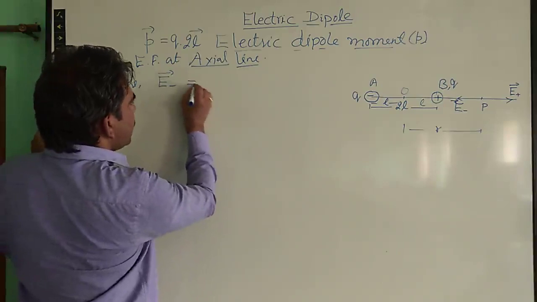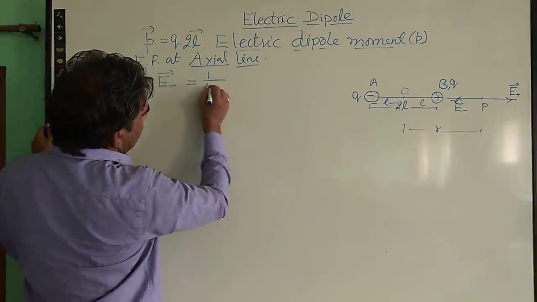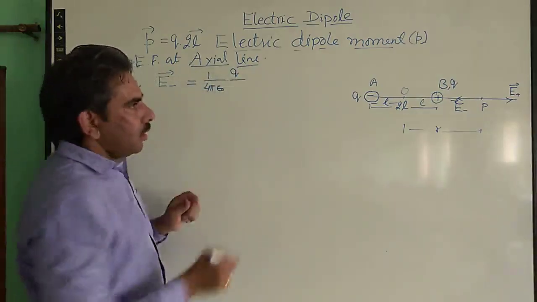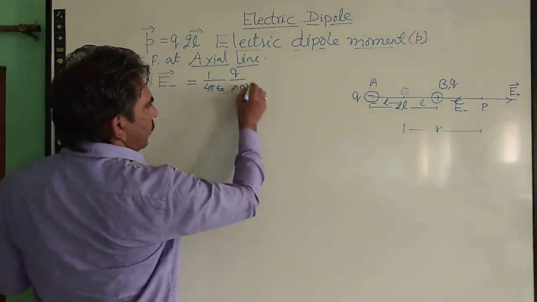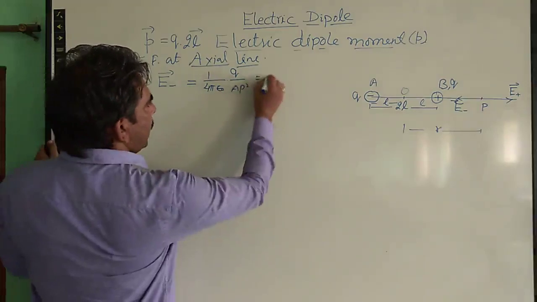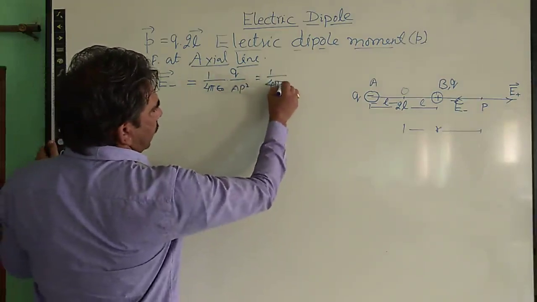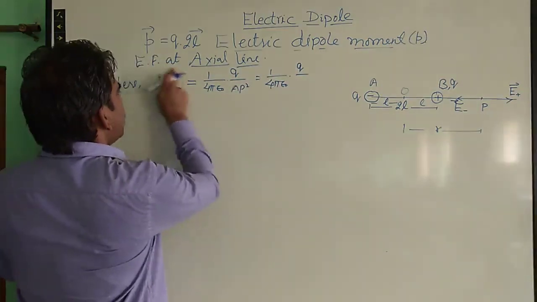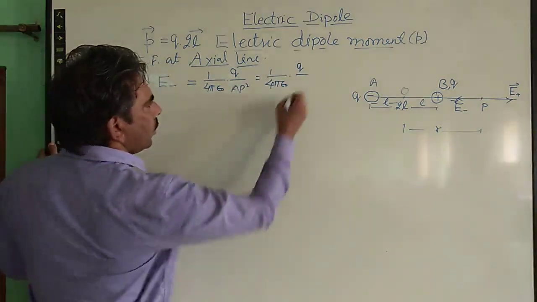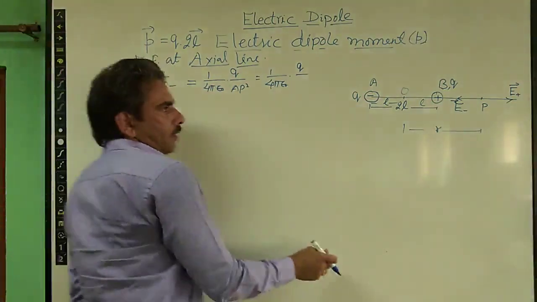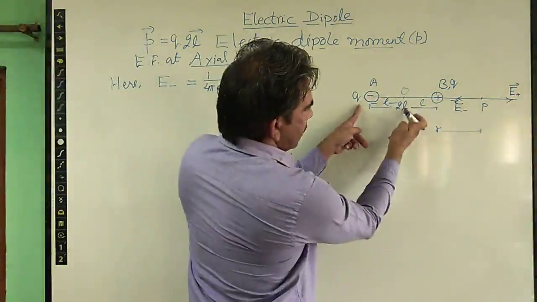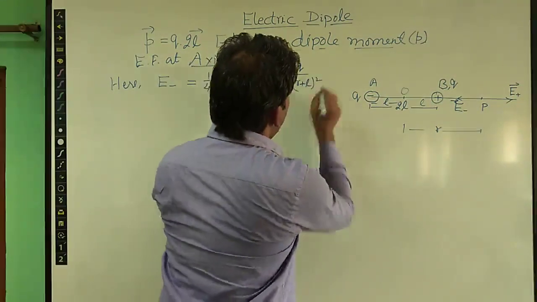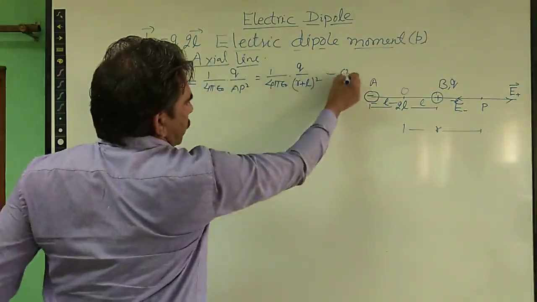So electric field is given by 1 upon 4 pi epsilon naught into charge Q divided by AP square, which is simply 1 upon 4 pi epsilon naught into Q upon, let me not take the direction at this point, AP. So what is AP? This is equal to R plus L. So it is R plus L to the whole square. So this is the first equation.